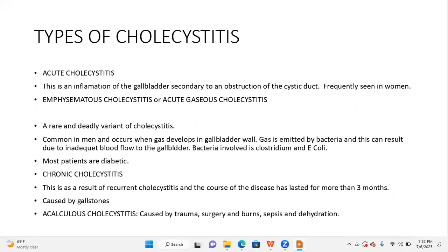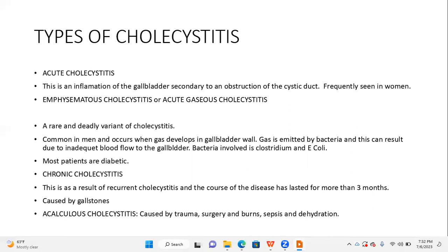Most patients who suffer from this type of cholecystitis are diabetic patients, because diabetic patients have higher forms of fat that accumulate in the blood. This fat can also lead to gallstones and inadequate blood flow to the gallbladder.